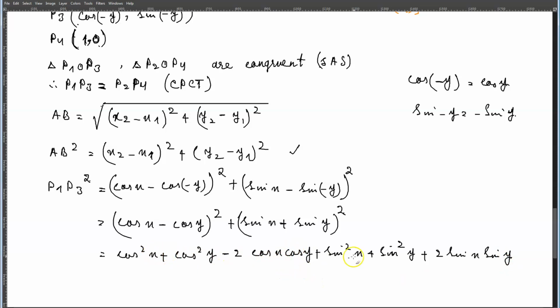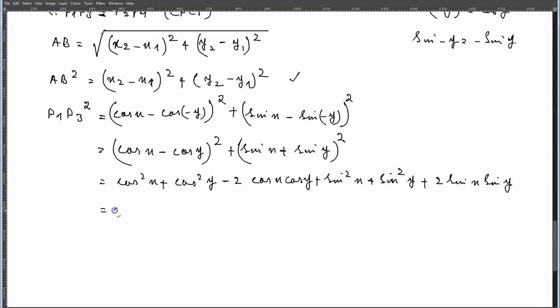Now cos squared x plus sin squared x is equal to 1. Cos squared y plus sin squared y is equal to 1.